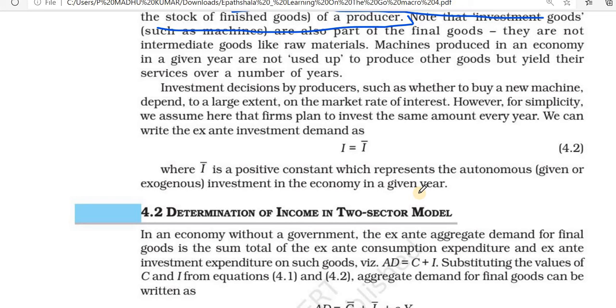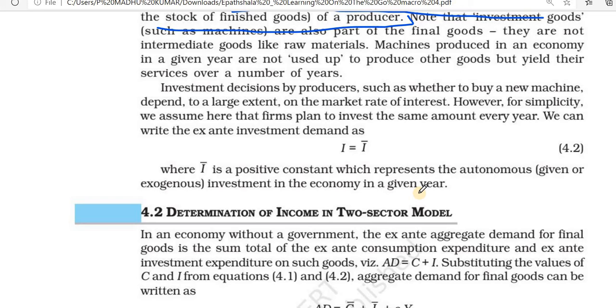Investment is a more important variable in an economy. As the income of the community increases, consumption will also increase, but it does not increase at the same rate as income. There will be a gap between income and consumption.